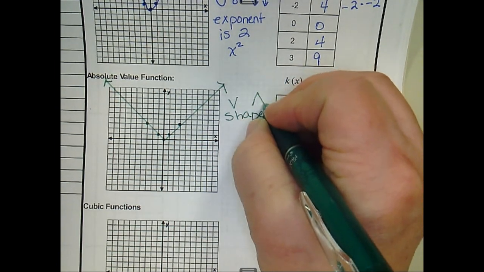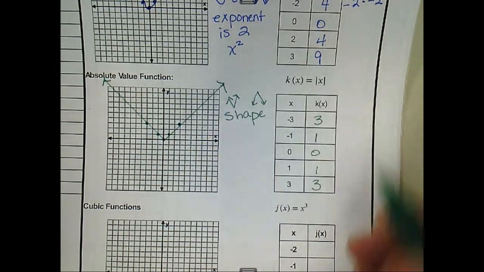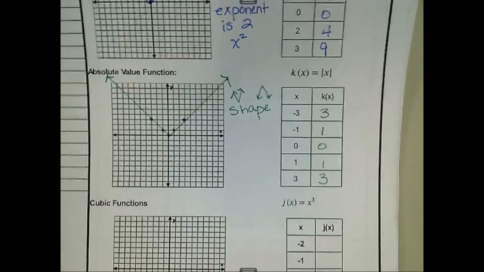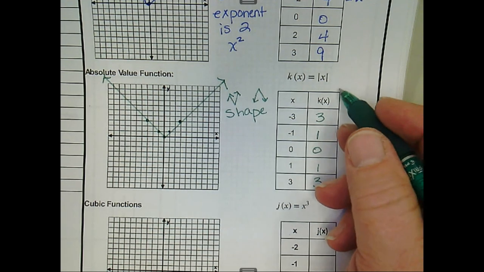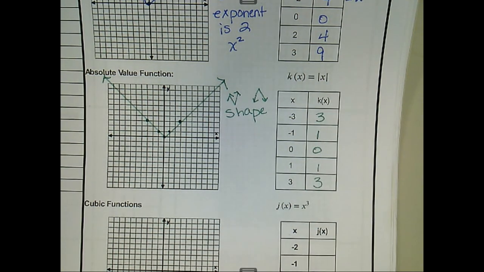It could be an upside down V shape. Both of them will work depending on your coefficient being positive or negative. In this case, there is no exponent. It is what it is.